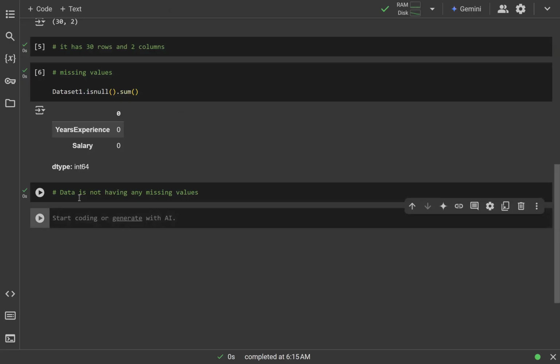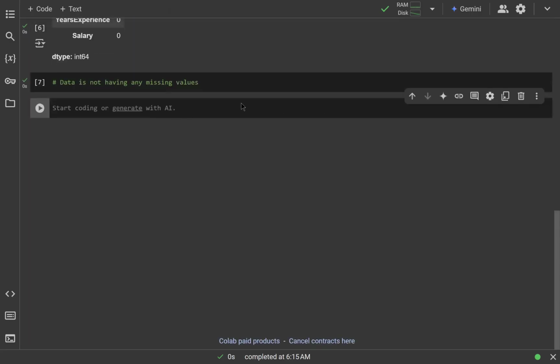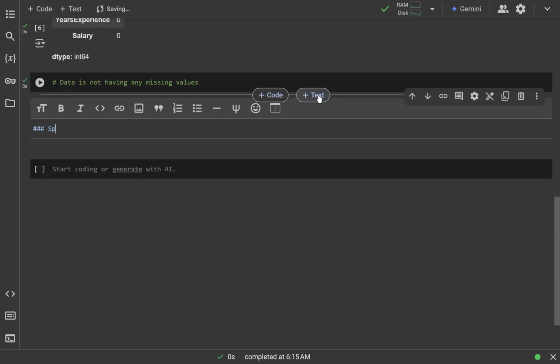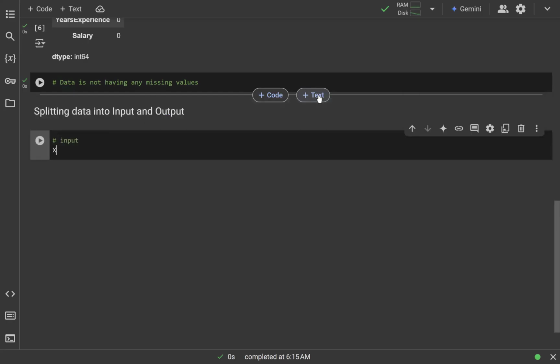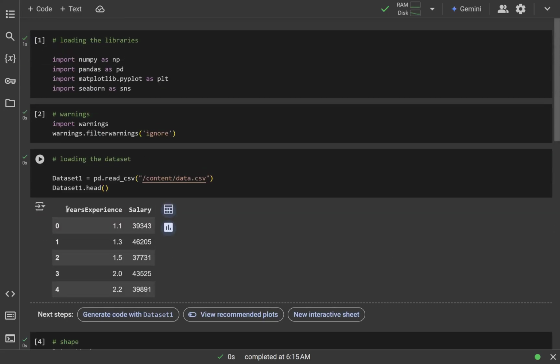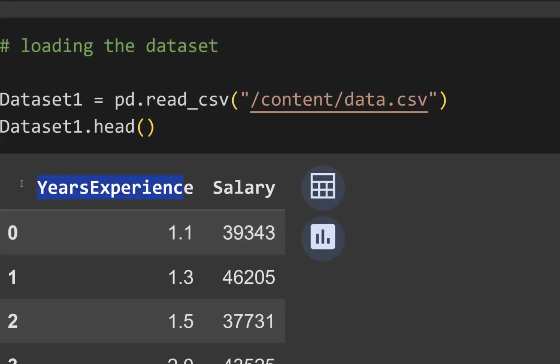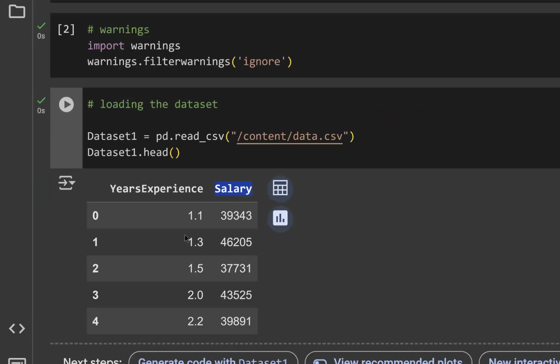Now we will split our data into input and output. Input means capital X, and output is y. Years of experience is the input column, which is capital X, and salary is the output column.